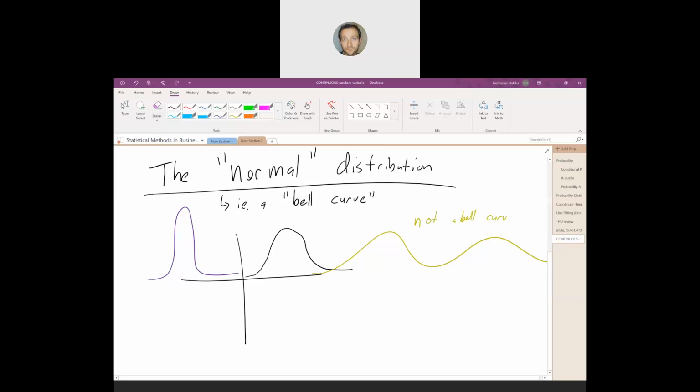This is a bell curve though. The black one, bell. The purple one is a bell. Great. The one on the right, it's a whole thing, where you take two bell curves and you add them together.